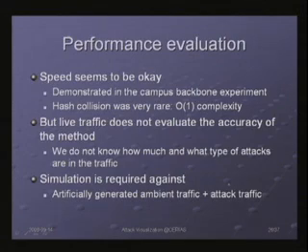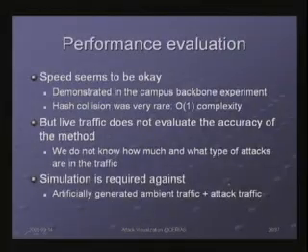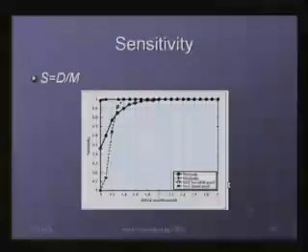So we generate quote unquote internet type traffic, but generating internet-like traffic is in itself a big problem. It's a very hard problem. We don't know how to generate good internet-like traffic. But anyway, we went ahead and generated it using distributions from earlier works. We generated the ambient legitimate traffic, and we added the attacks to that traffic, and saw if the software catches those attacks.